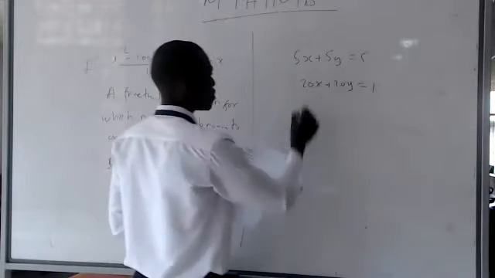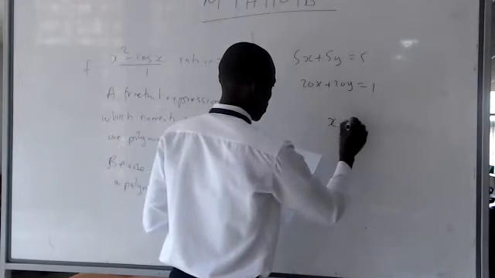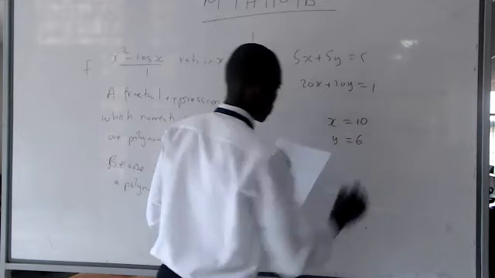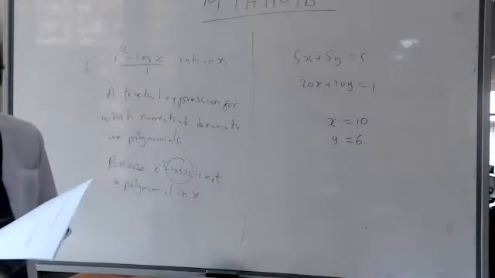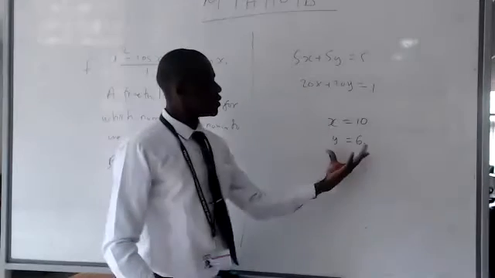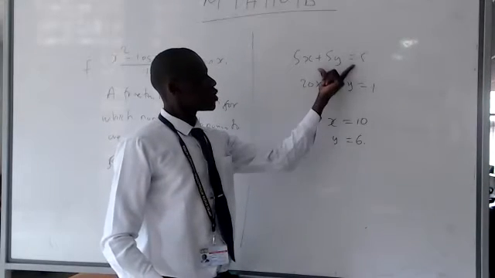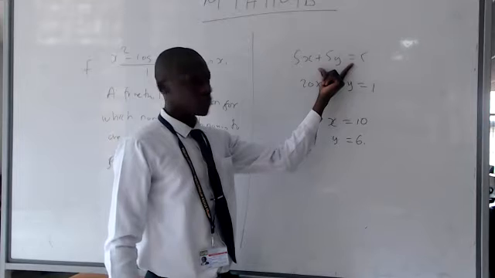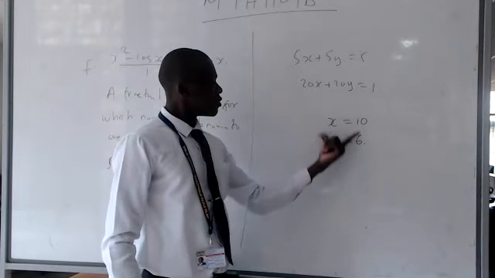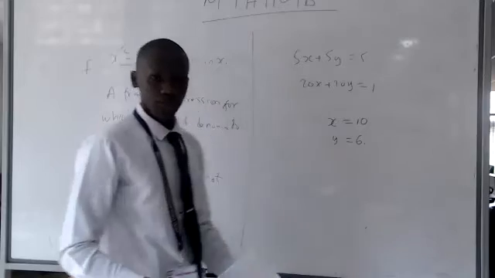So you're being told that this system is solved by x is 10 and y is 6. In other words, you're being asked to test if these two values for x and y will satisfy these equations.